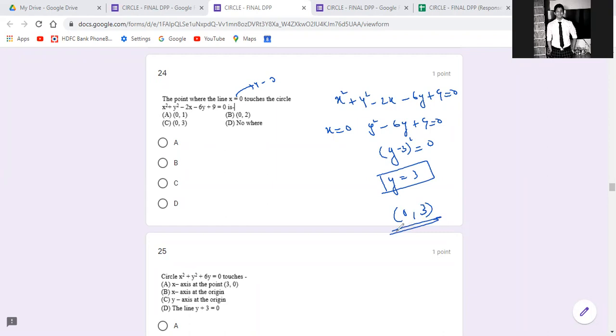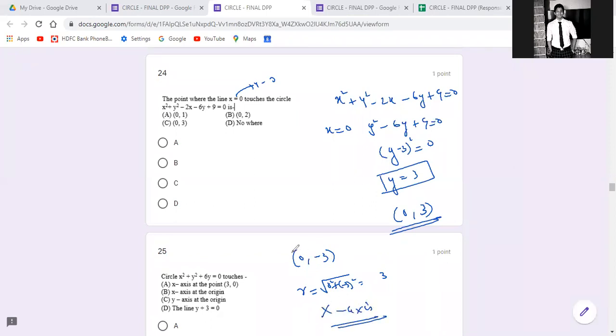Understood? Yes, sir. Here, what is the center of the circle? 0, minus 3. What is the radius? Root of 0 square plus minus 3 square, that is 3. So the y-coordinate of the center is equal to the radius, so it touches the x-axis.